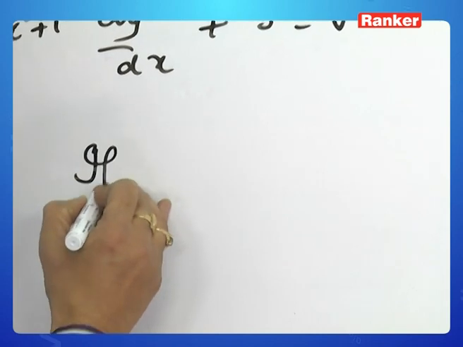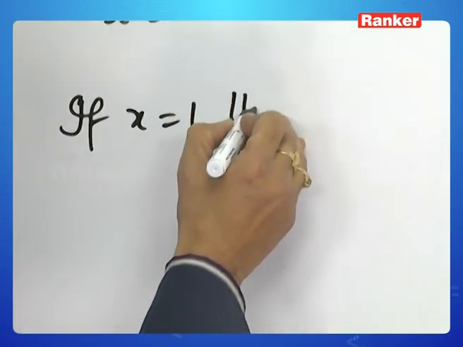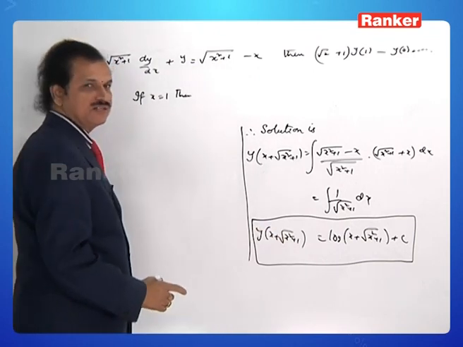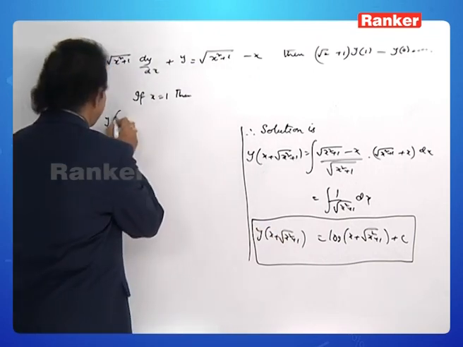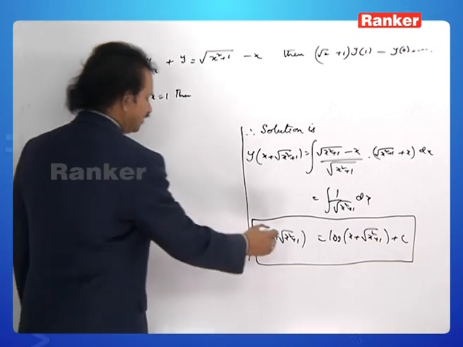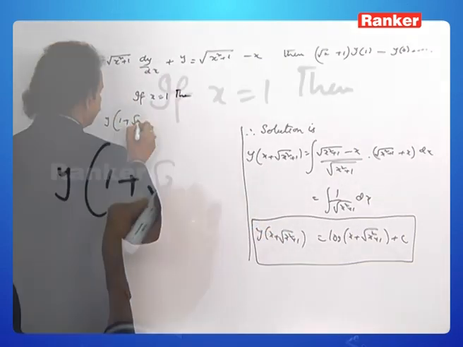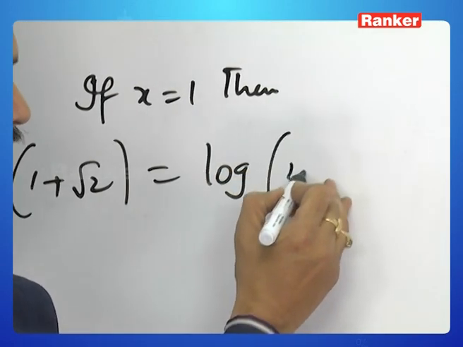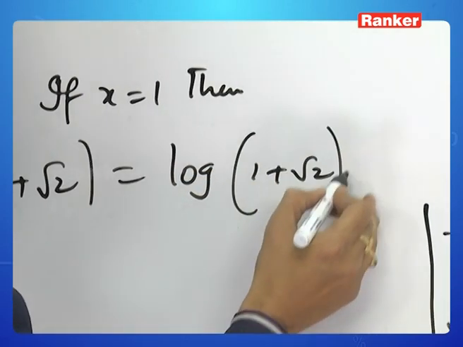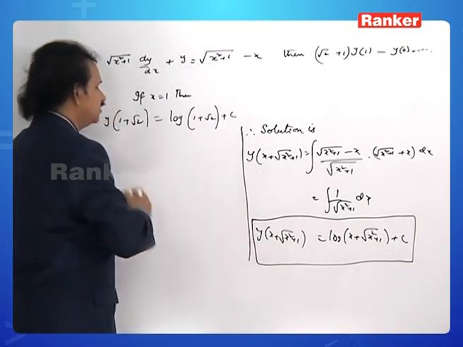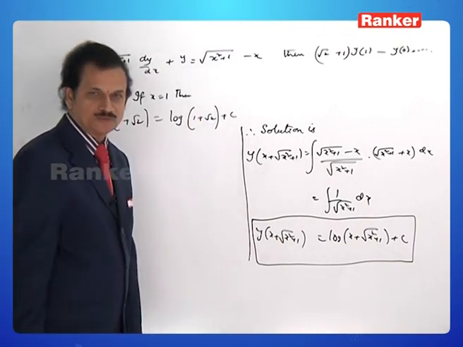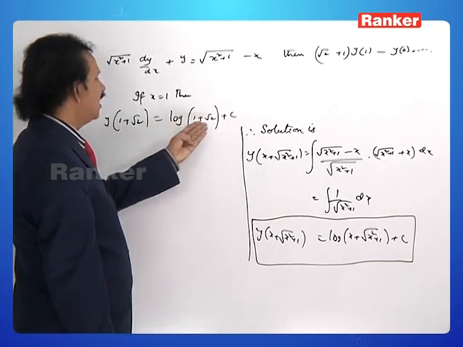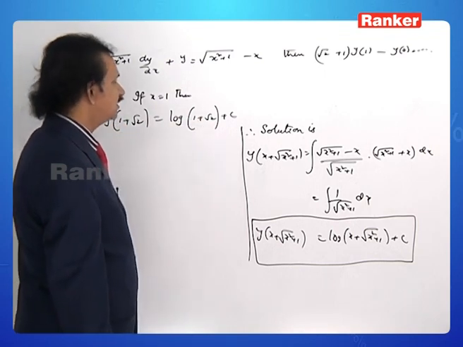If x is equal to 1, then substitute 1 in the place of x. What happens? y into (1 plus root of 1 square plus 1, that is root 2) is equal to log of (1 plus root 2) plus c.